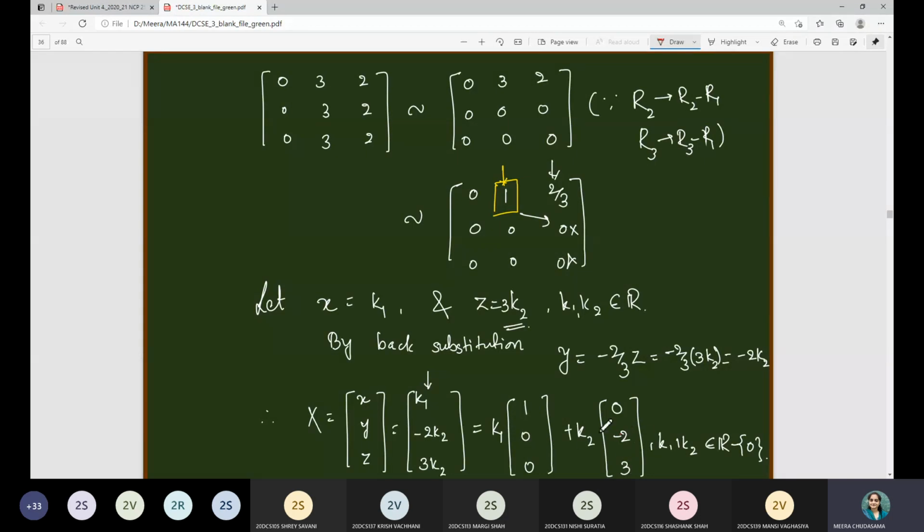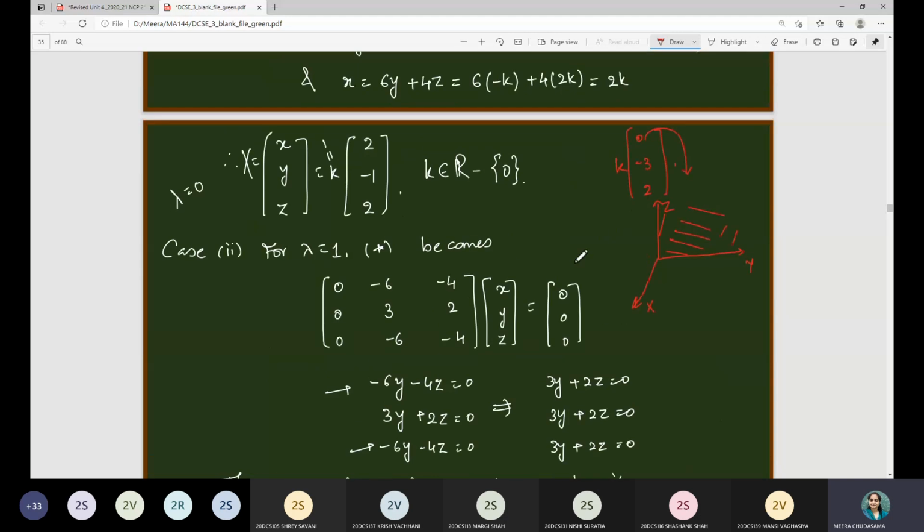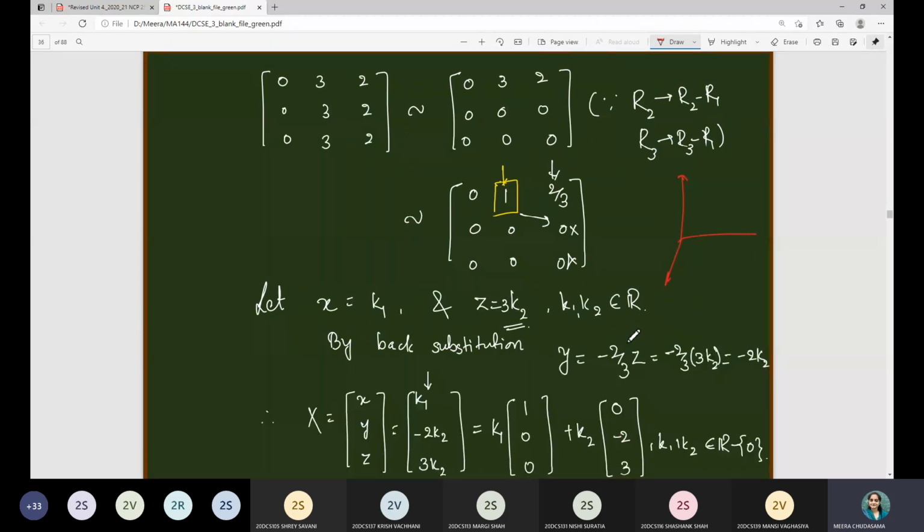So combinedly when you write this, it is represented by the entire x y z plane. Means यहाँ पर आपने जब x is equal to 0 ले लिया था तो solution space you have restricted as just y and z plane, whereas in this case it is the entire x, y and z plane, right?